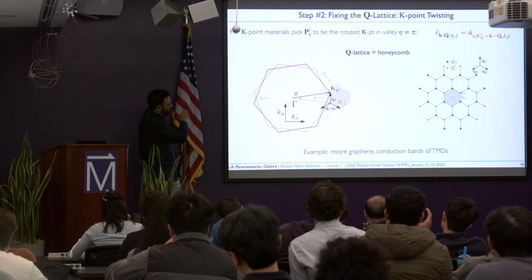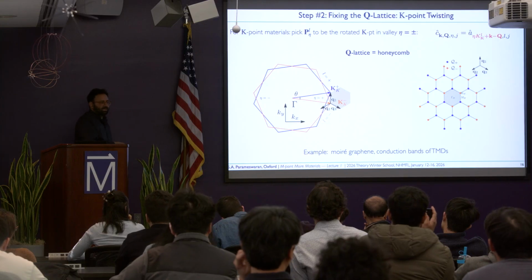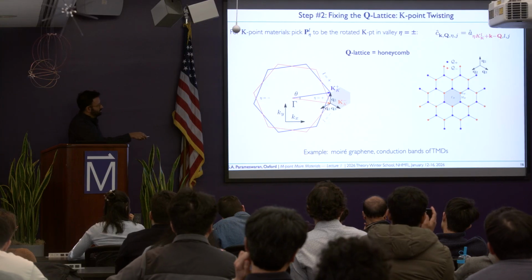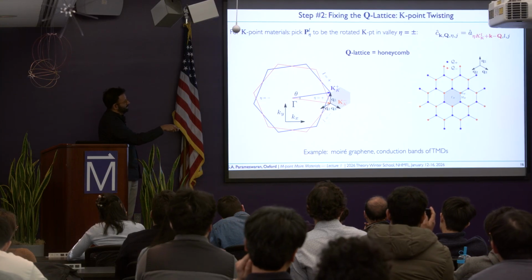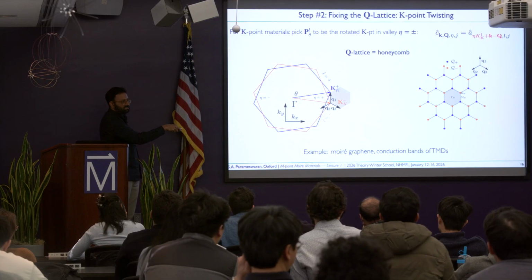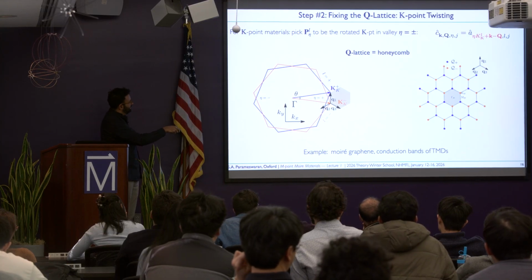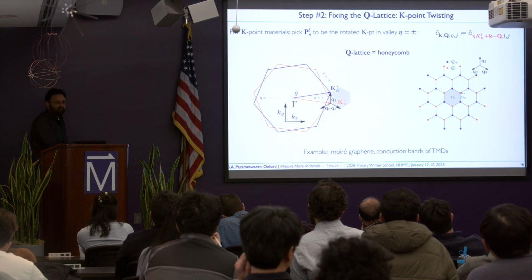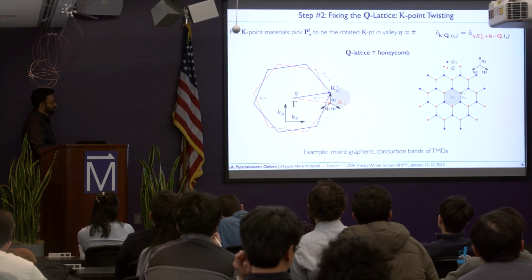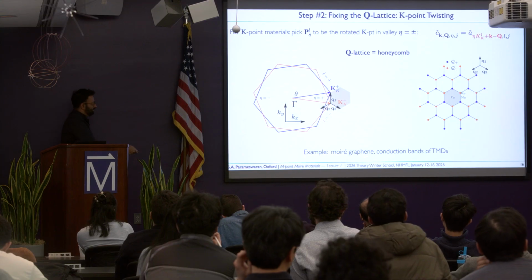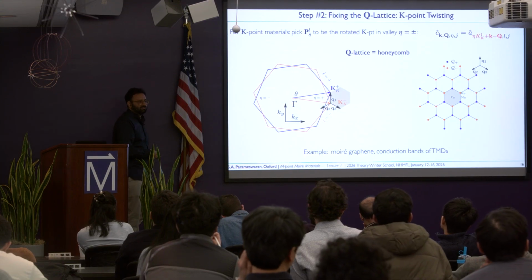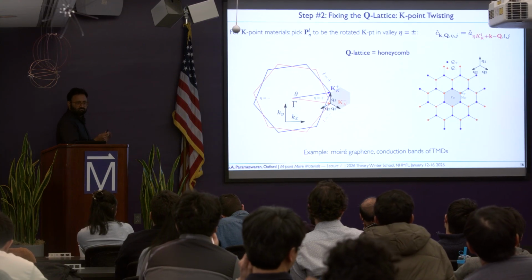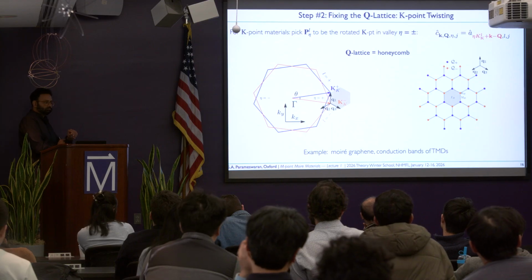And so if I go back to the previous slide, the Q lattice is generated by the reciprocal lattice, which are the blue points, plus the set of points obtained by displacing them by Q1, which are the orange points. And so your momentum space hopping problem follows a honeycomb lattice, and that's what the Q lattice gives. And this is something that we know from graphene and the conduction bands of TMDs. Okay, so setup clear? Okay.